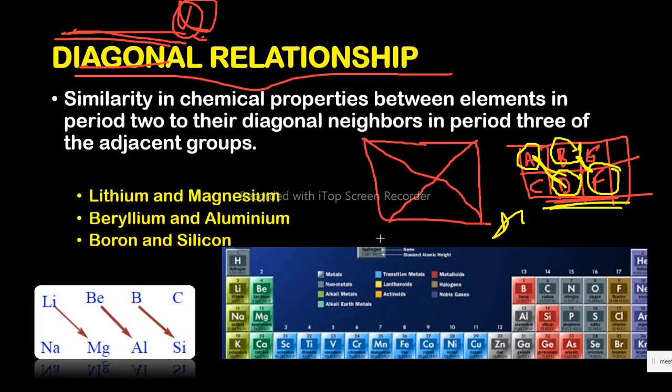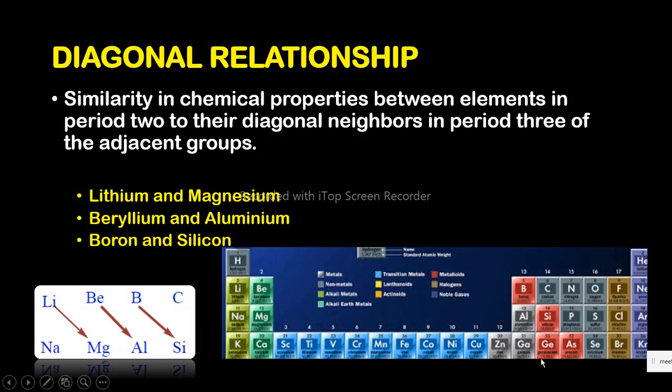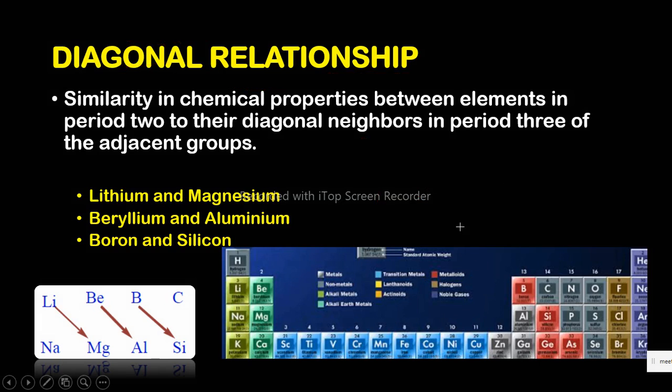So from that simple illustration, therefore, how can you define diagonal relationship? It is simply the similarity in both chemical and physical properties between members in a periodic table.